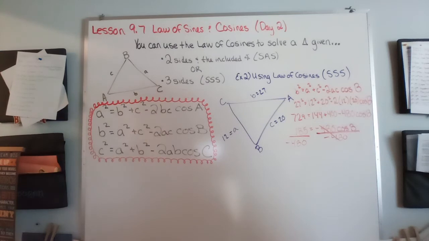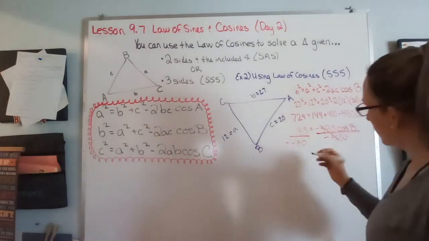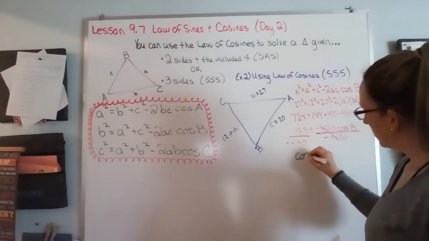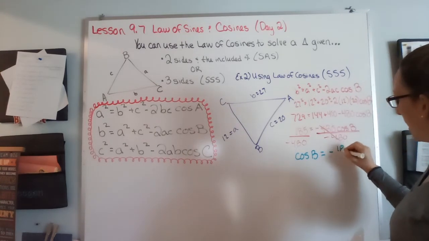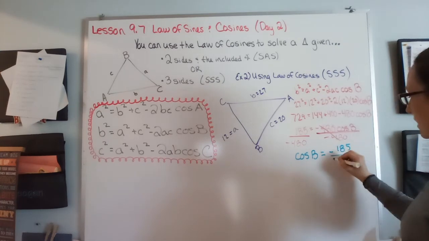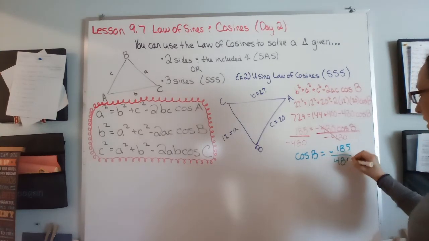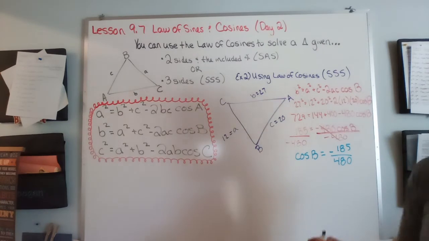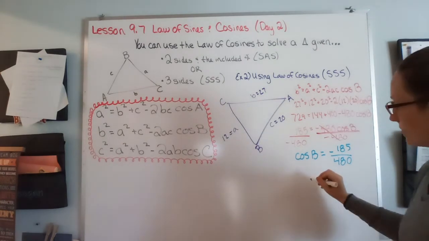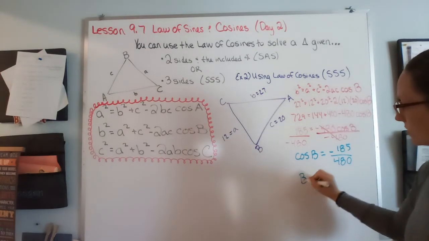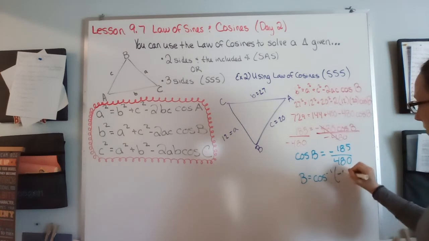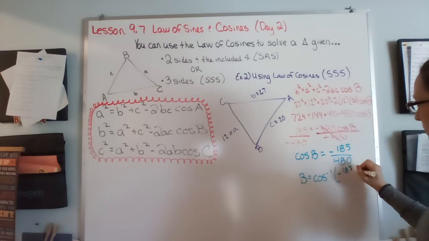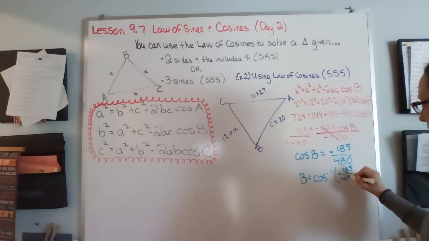After you divide both sides by negative 480, you're left with cosine B is equal to negative 185 over 480. Now I could simplify that fraction, but I'm just going to end up plugging it in my calculator, so I'm not going to bother. To get B by itself, take the inverse cosine of both sides. So B is going to equal the inverse cosine of negative 185 over 480.